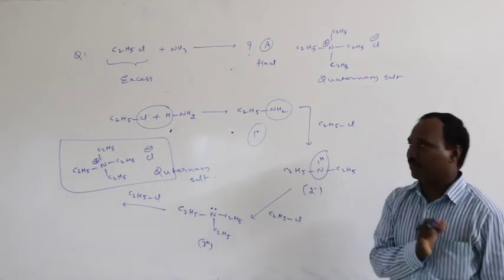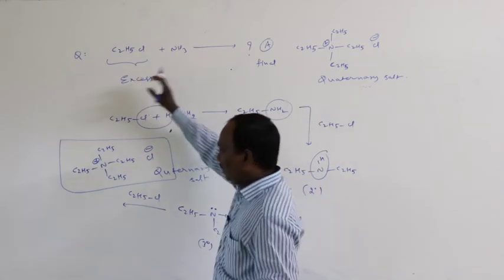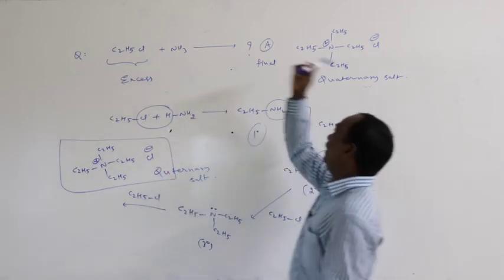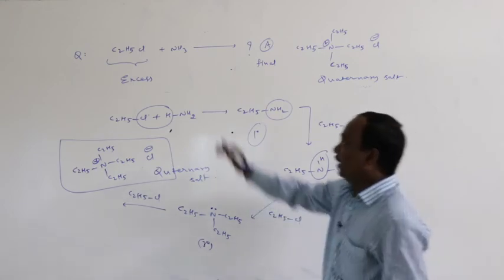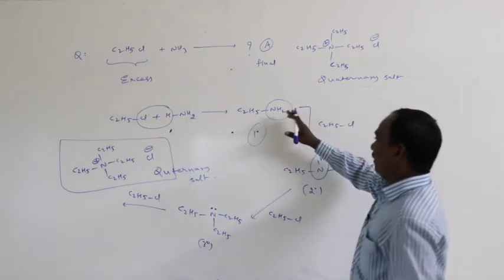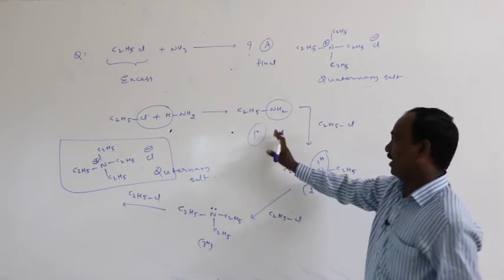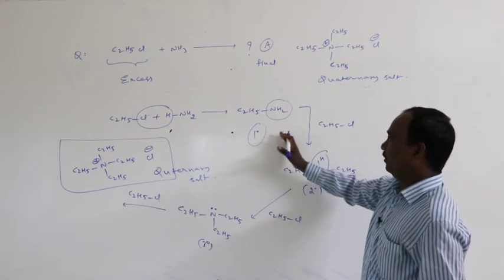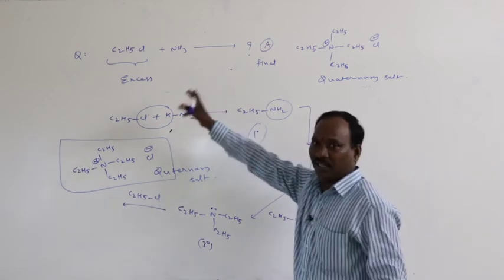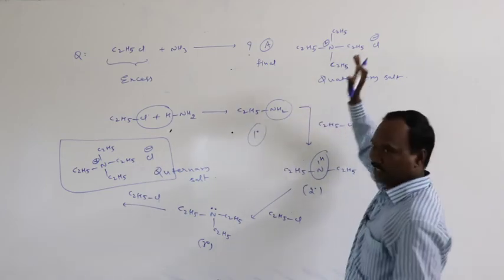You must remember, students, if ethyl chloride is taken in excess, the final product is a quaternary salt. If ammonia is taken in excess, the reaction is carried out up to primary amine only. So, most important, when ethyl chloride is in excess, the final product is a quaternary salt.